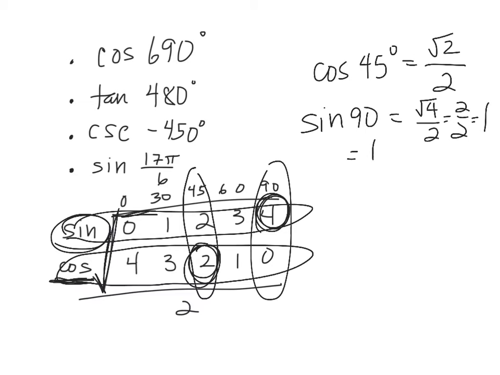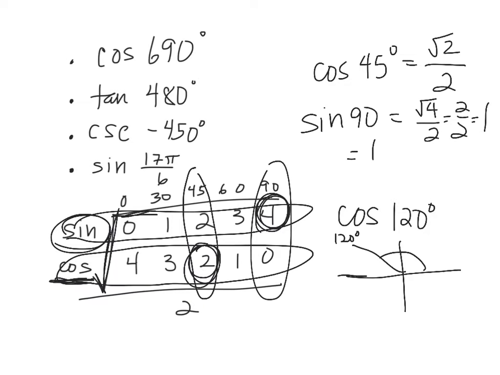All right, so now let's get into these problems. Well, matter of fact, before we get to these, let's say we have cosine of 120 degrees. Well, 120 is not 0, 30, 45, 60, or 90. But we have to find something called the reference angle. The reference angle is the distance between wherever you ended, so 120, and the nearest x-axis. So not the y-axis, the x-axis.